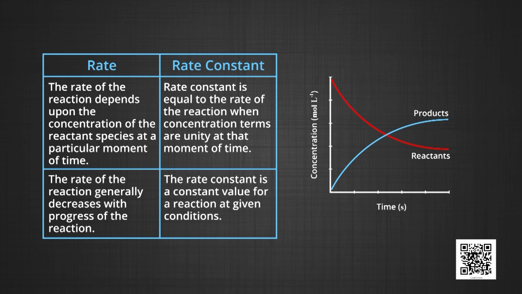Also, the rate of the reaction depends upon the concentration of the reactant species at a particular moment of time, while the rate constant is equal to the rate of the reaction when concentration terms are unity. The rate of the reaction generally decreases with the progress of the reaction. On the other hand, the rate constant is a constant value for a reaction at given conditions.